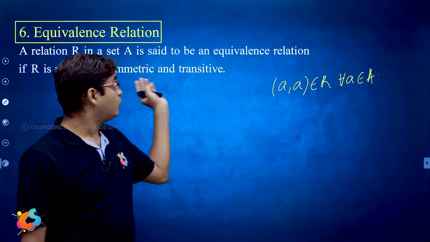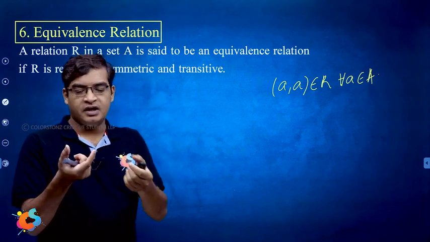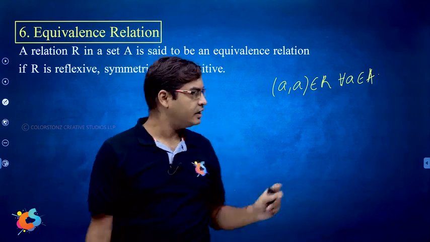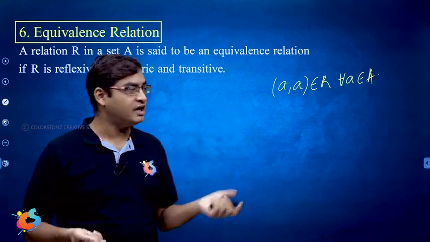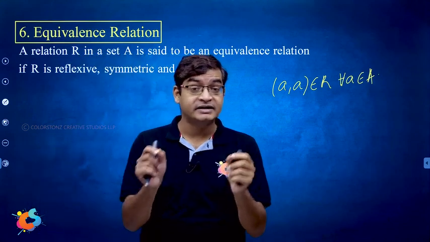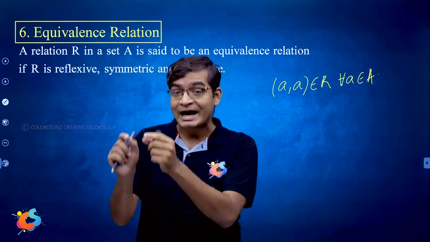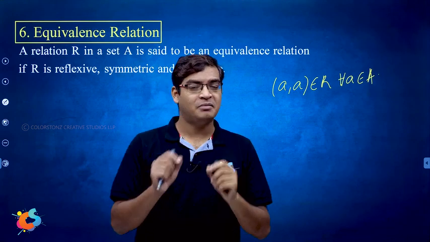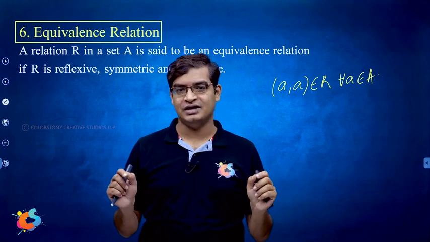Next one is, what is symmetric relation? If A1 comma A2 belongs to R, if there is an ordered pair, then the reverse also should be there. That's all. So if that is happening, then it is symmetric relation. And what is a transitive relation? This we have seen just before. A1 comma A2 belongs to R, A2 comma A3 belongs to R. If both are happening, then A1 comma A3 should belong to R. So that is a transitive relation.